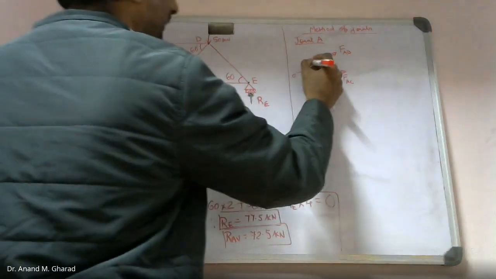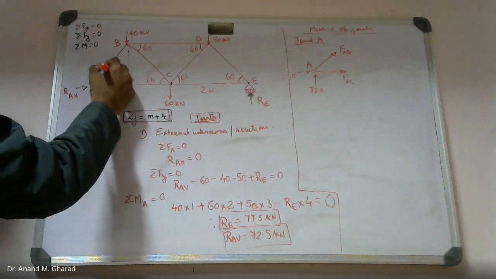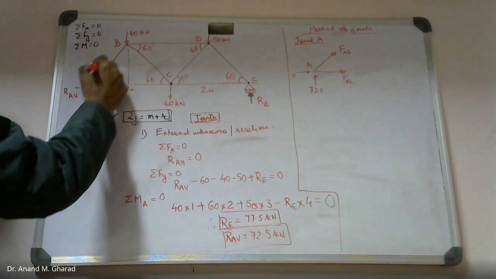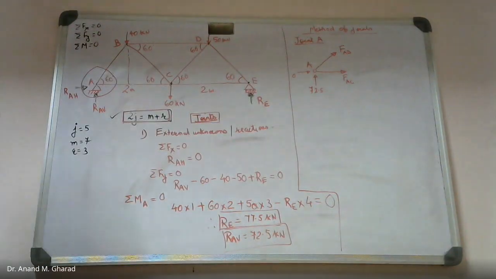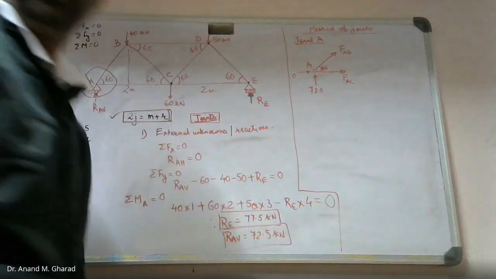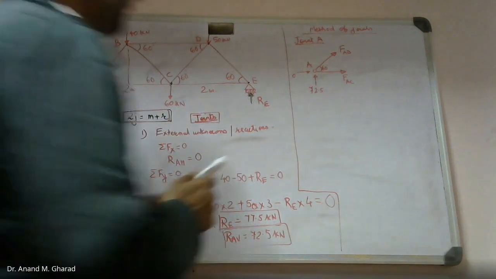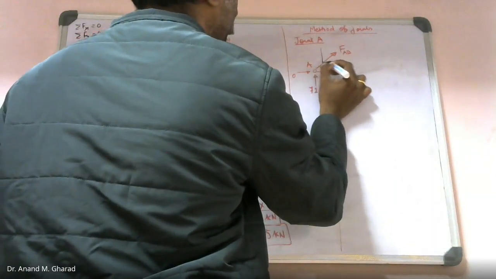So I have separated this joint A and represented its free body diagram. You know the angle is 60 degree. Being an inclined member, the force can be resolved.